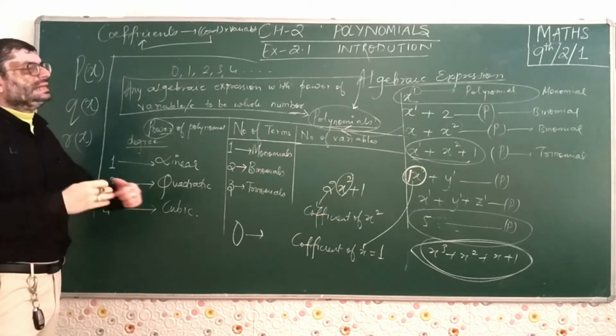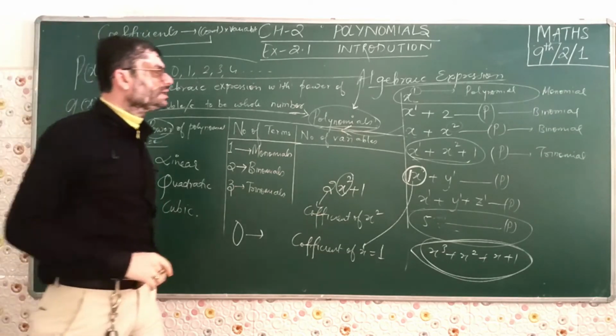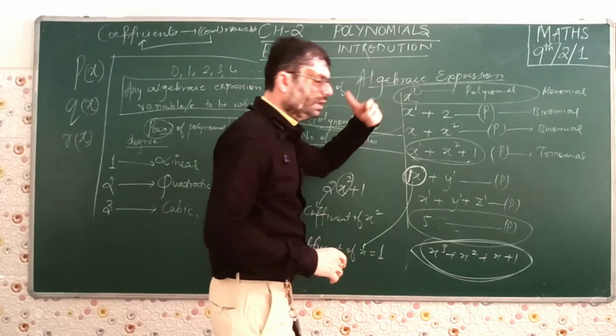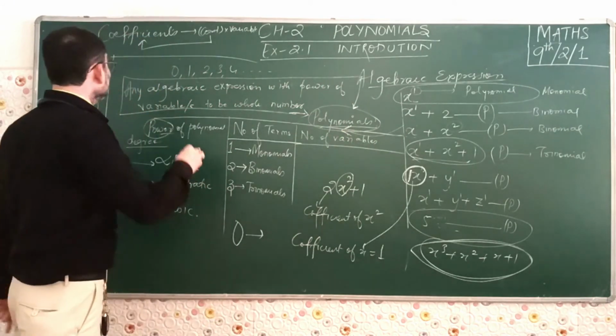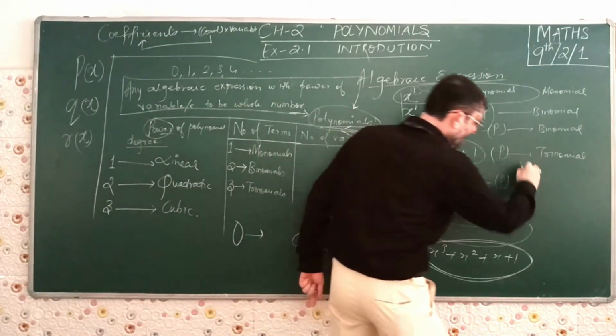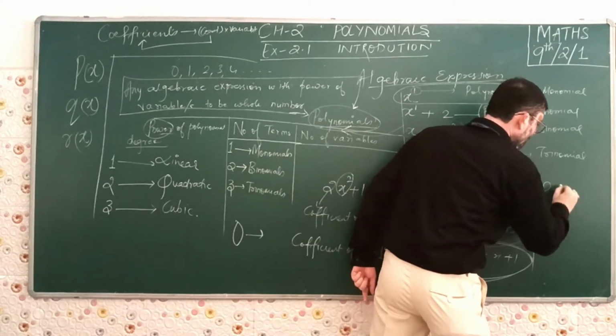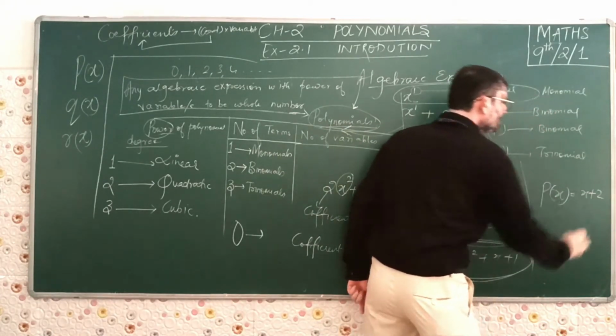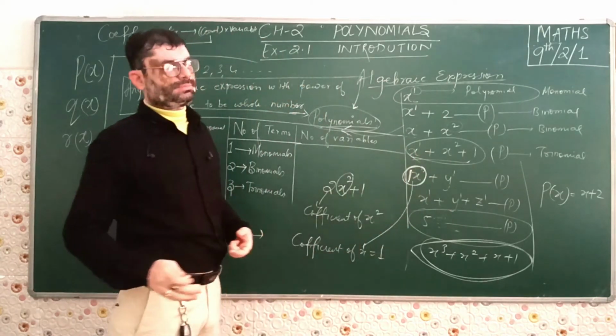We can assign any name to the polynomial. Suppose we want to say x plus 2, so we can write p of x is equal to x plus 2. We will have to give a special name.